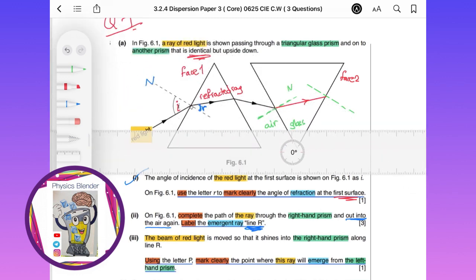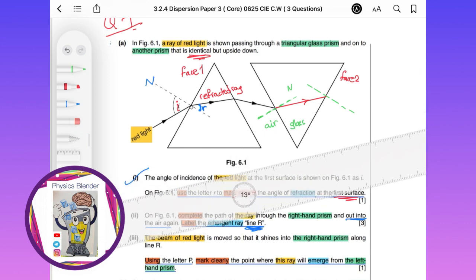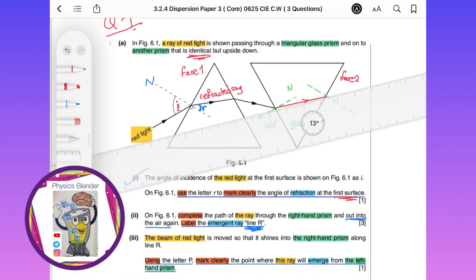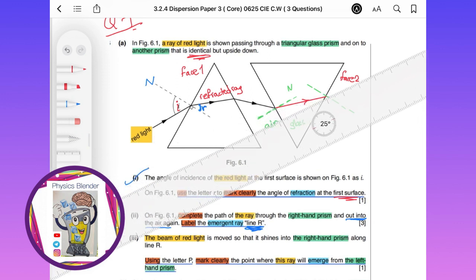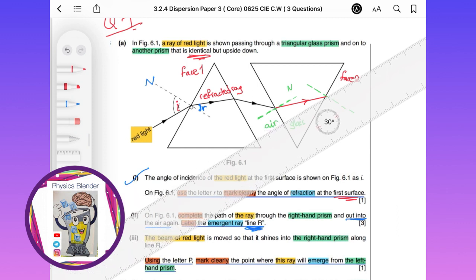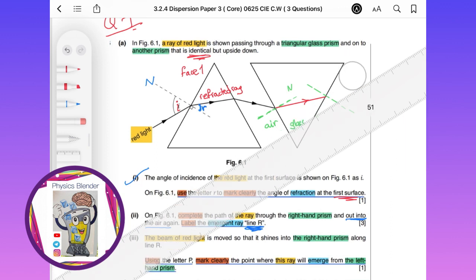So here it will bend. It will not continue in this direction. It will bend away from the normal. I have to clear this.